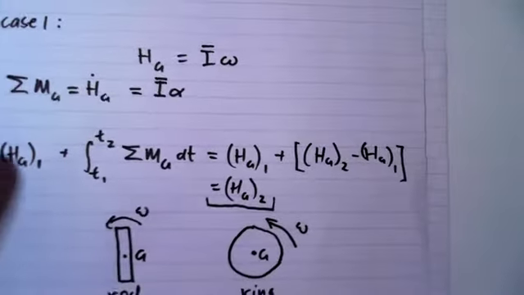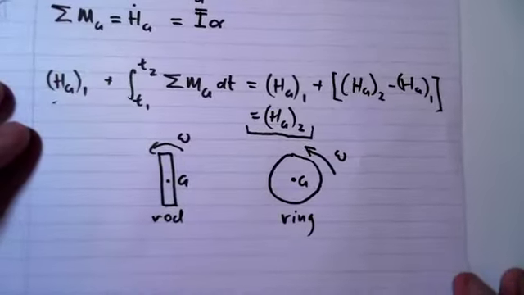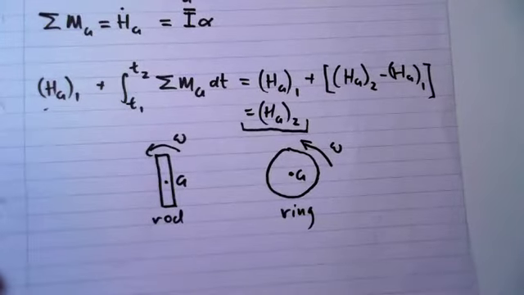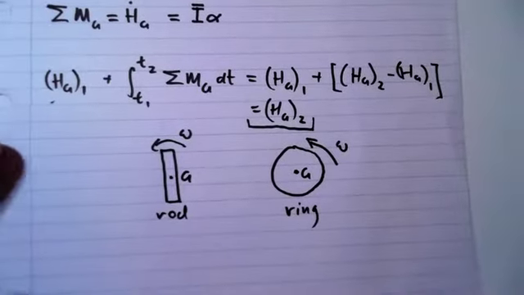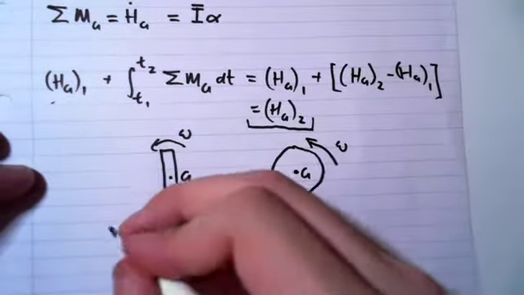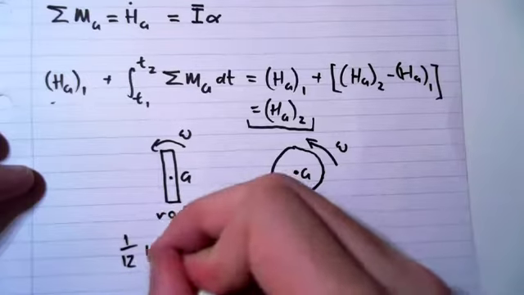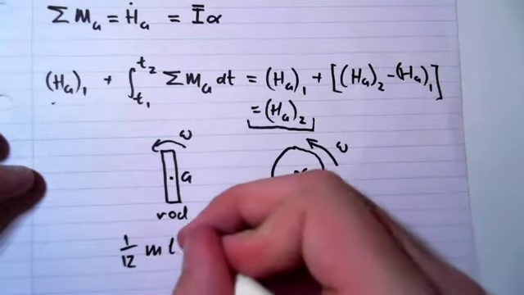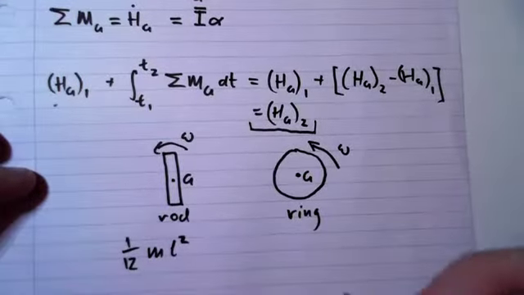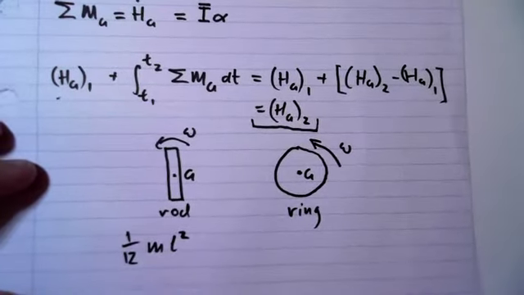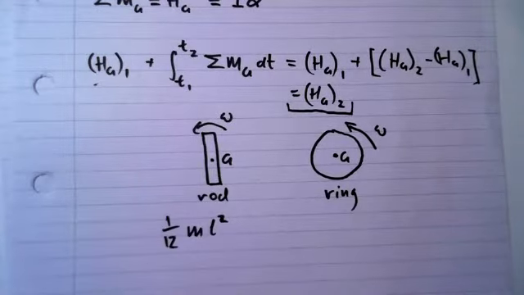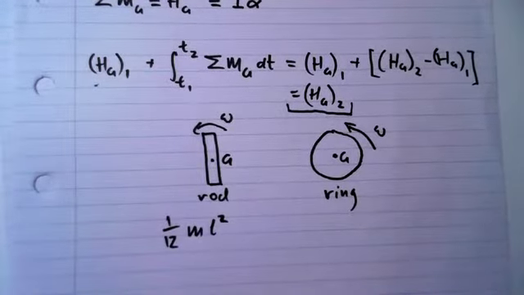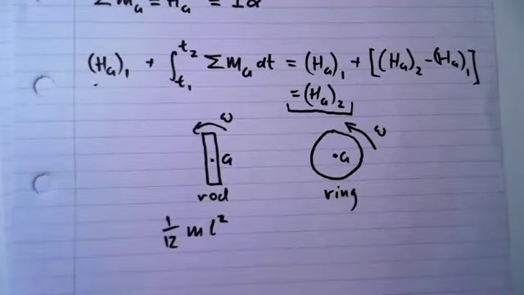They both have their own unique mass moments of inertia based on their geometries, and that's covered in tables to a greater extent. For a rod, it's 1 on 12 m l squared, and I know that off the top of my head, but I suggest you use whatever's supplied in your exam or quiz, because you're not going to remember it, as there are a lot of things to remember apart from this.